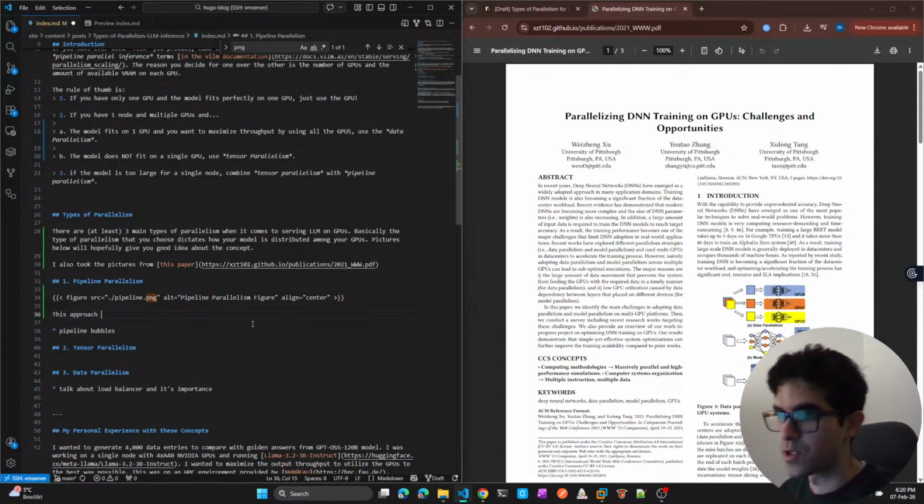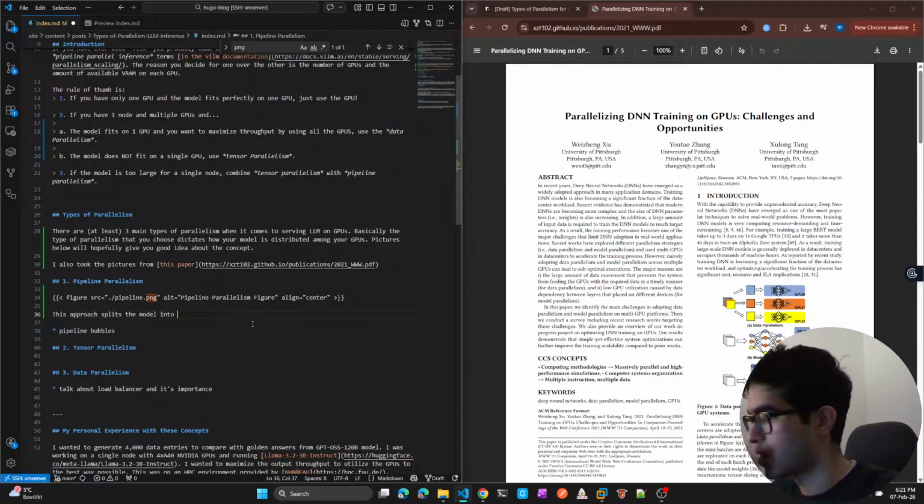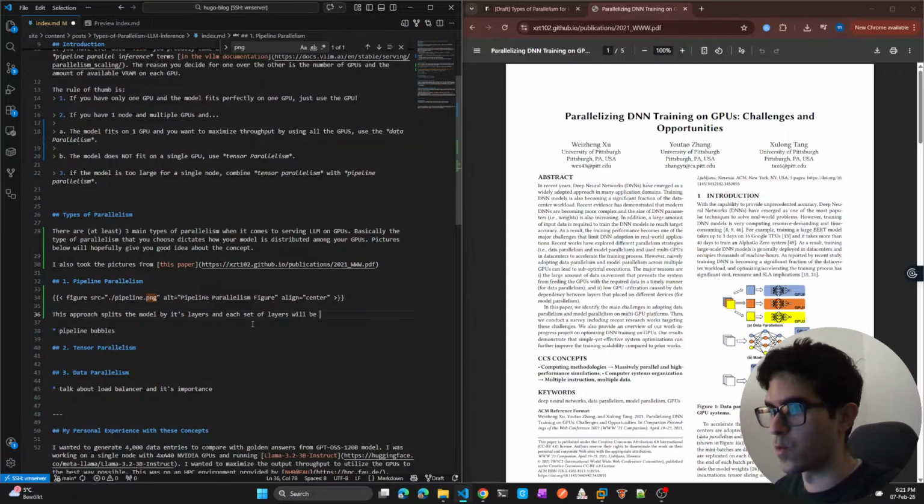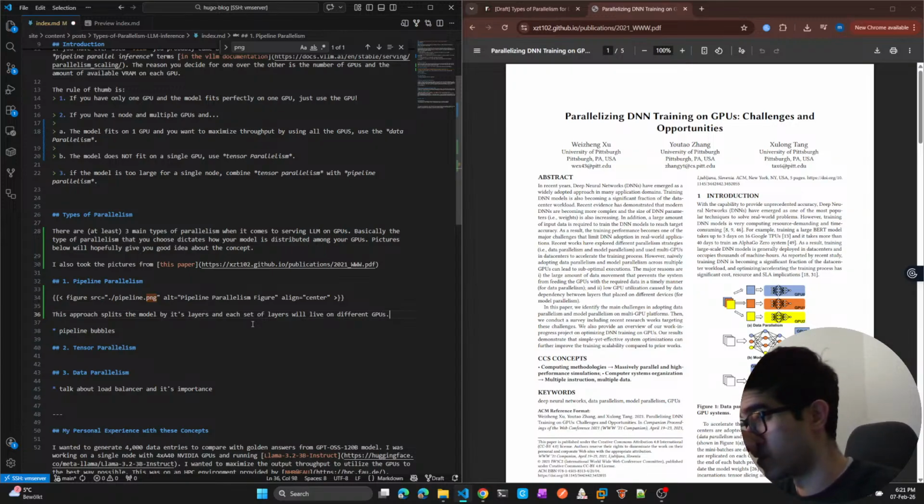This approach splits the model by its layers, and each part will live on different GPUs.